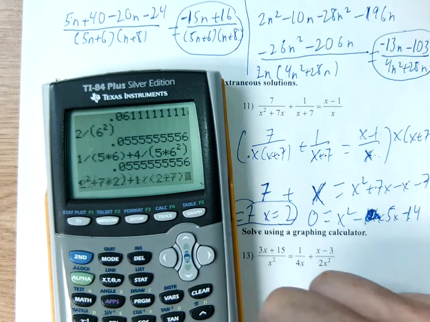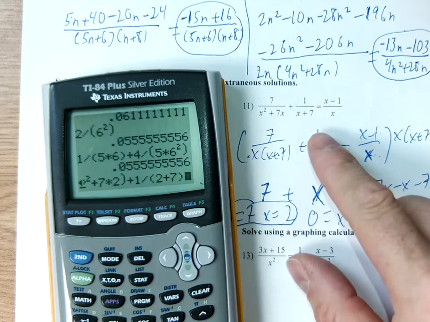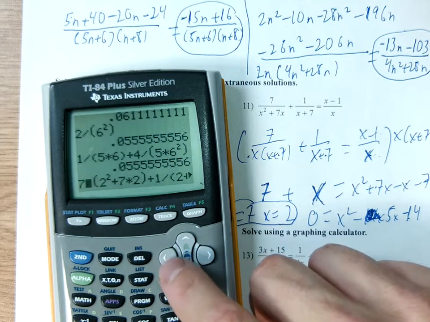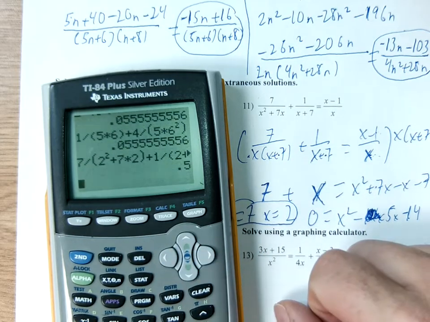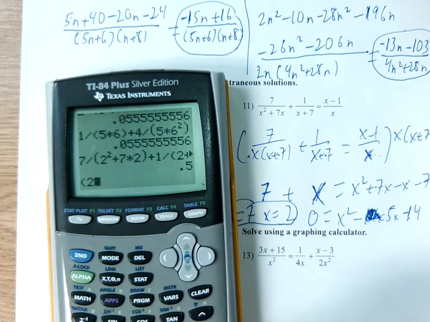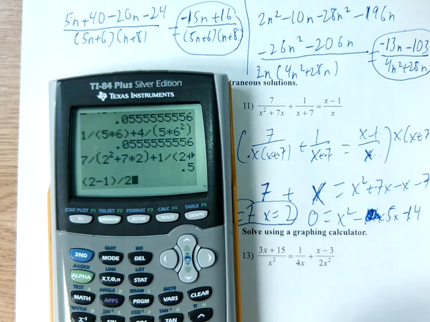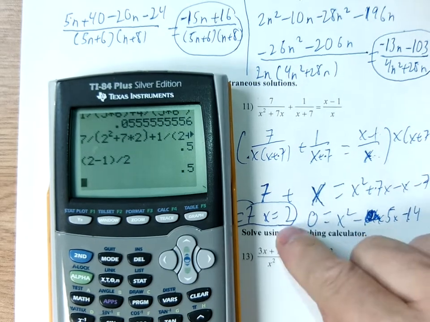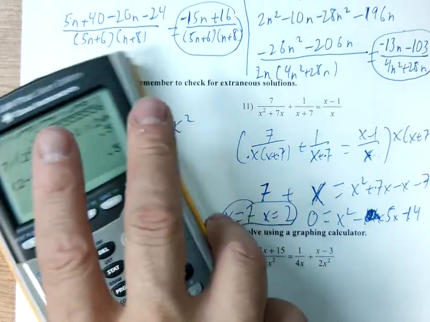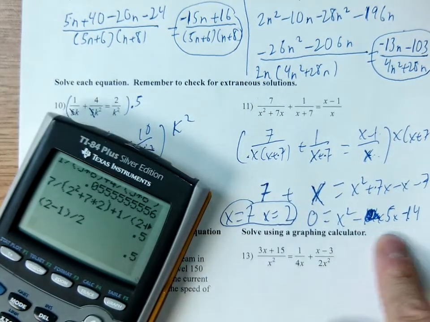So I put 2 in for x there. We get 1/2. And then we do 2 minus 1 divided by 2. That's a half. Yeah, 2 works. That means I did this question right, because if 2 works, the 7 works, because that's where I got the factors from.